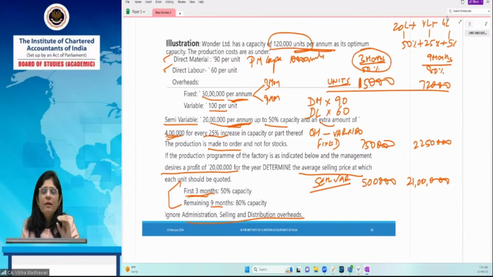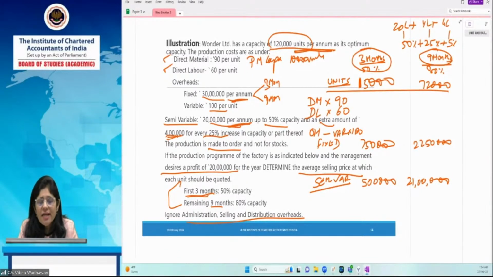The total amount applicable is 28 lakh. But 28 lakh is per annum. You have to make it proportionate for 9 months. So 28 lakh per annum, proportionate for 9 months, will be 21 lakh. So this is the semi-variable. This was the highlight of this question.